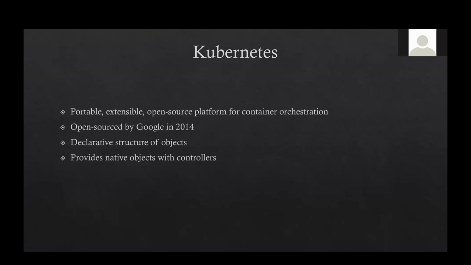If you say I want an Nginx controller running on my machine, you say I want a container that is going to be named Omkar Nginx. It's going to have image Nginx of version, let's say, 12.3, and there are going to be two of those running on my cluster.